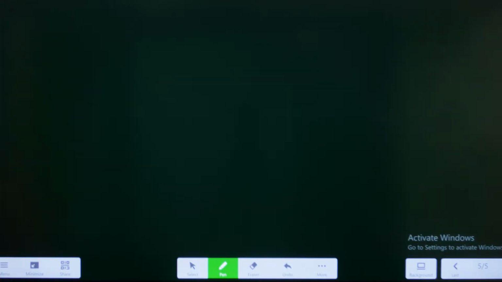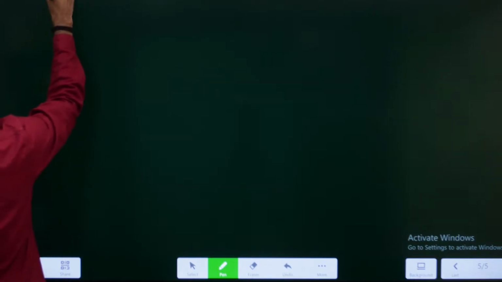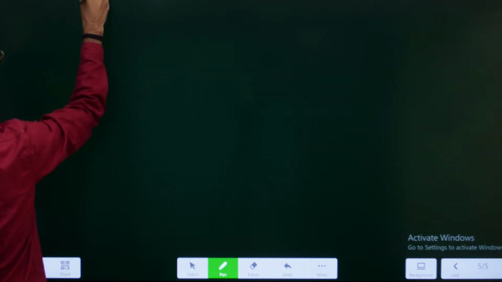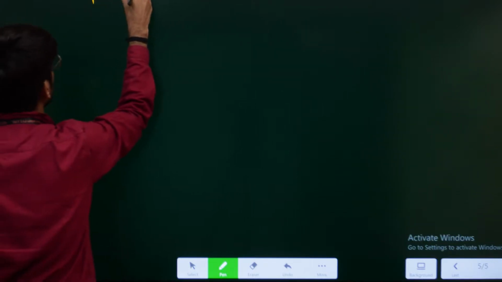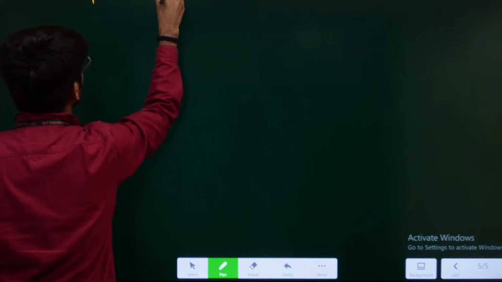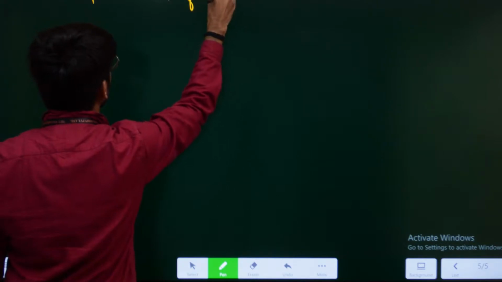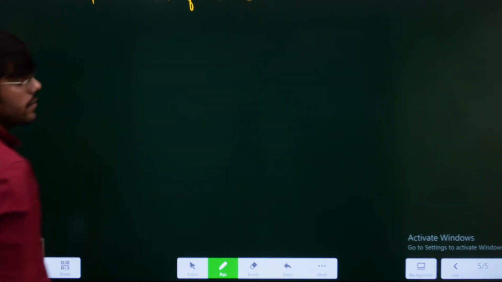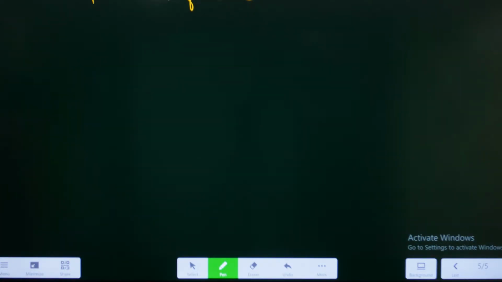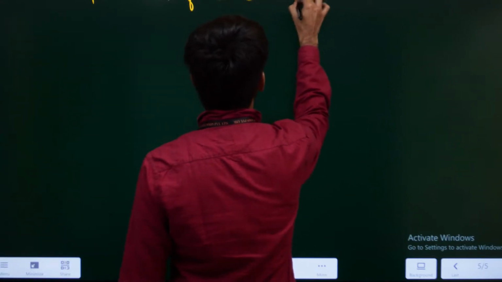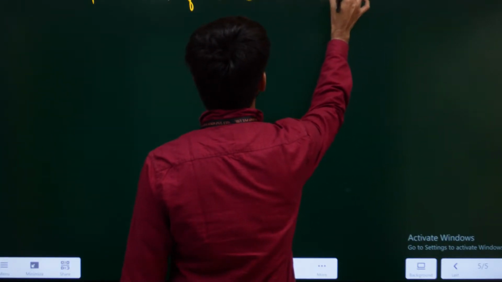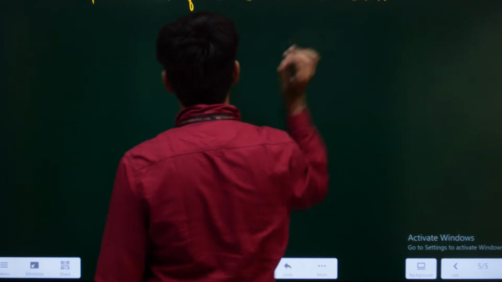Alright, let us do a question on this. The dipole moment of HBr is 2.6 into 10 to the power minus 30 coulomb meter.